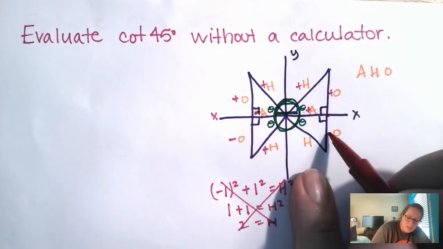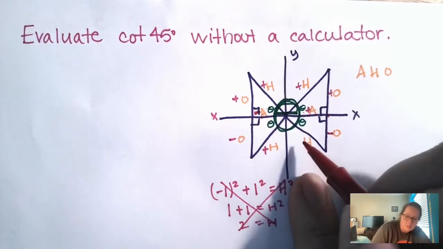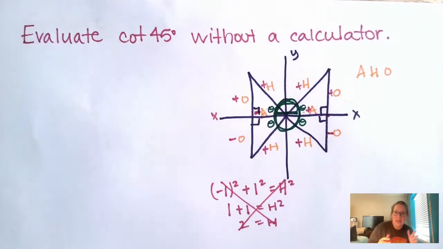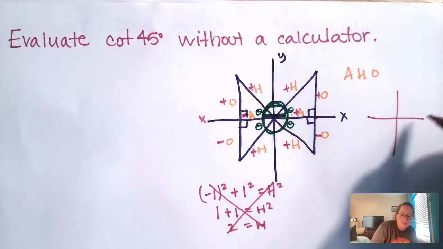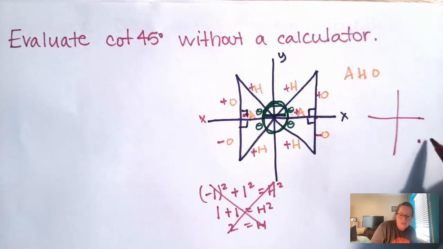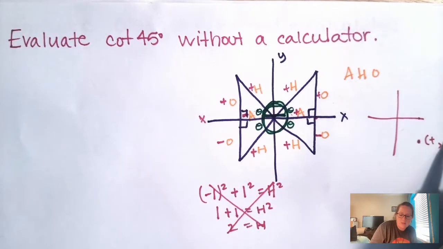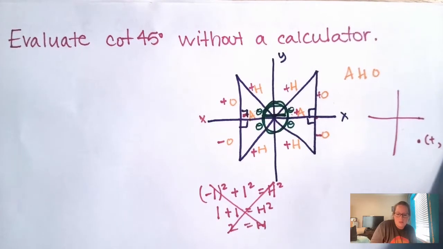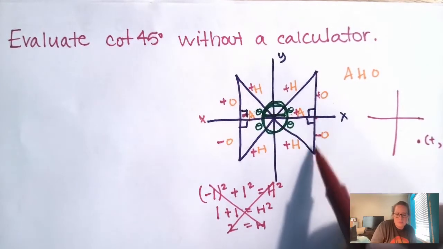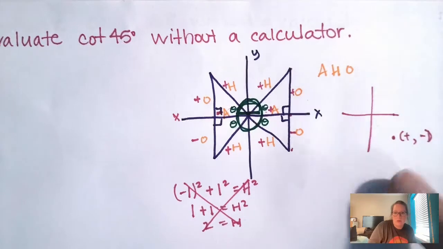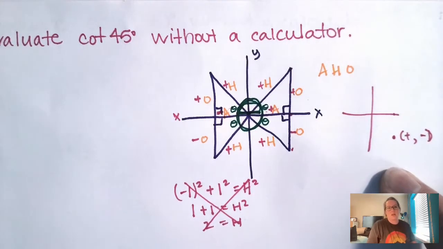Positive A, negative O, always a positive H. Okay, do you see that? If it was a normal XY quadrant system, if I was down in this guy right here, this would be a positive X value and a negative Y value. This is a positive A, negative O. Okay, so just think about the normal XY quadrant system, okay?